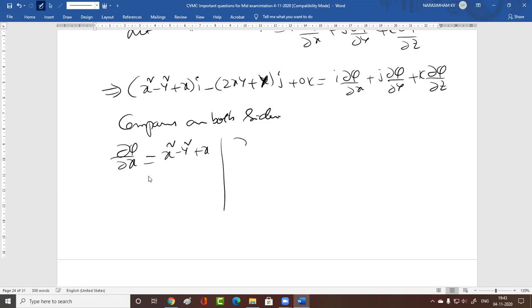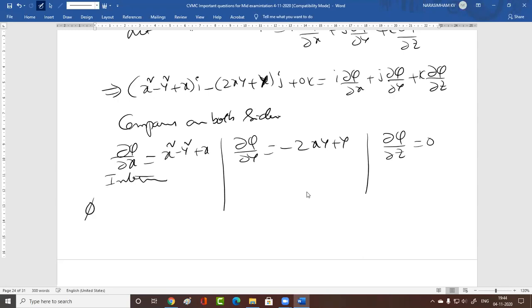Dou phi by dou y equals minus 2xy plus y. Dou phi by dou z equals 0. Okay. Integrating on both sides with respect to x, we get phi equals integrating only x terms. Y terms are treated as constant.